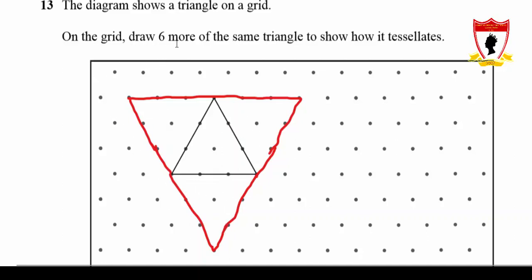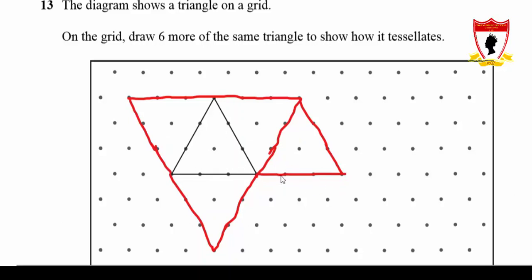The question says 6 more. Then one more can come here. 1, 2, 3. Now we had 3.